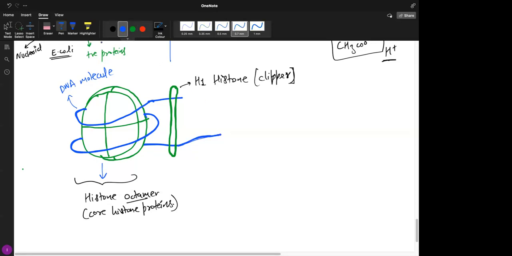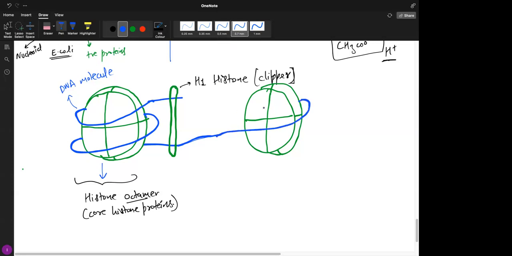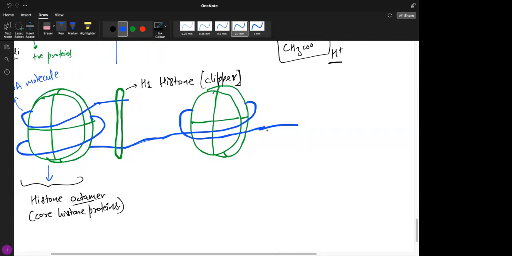And then again, after some point, you will find another octamer. And your DNA will again bind, go around twice, and come out.